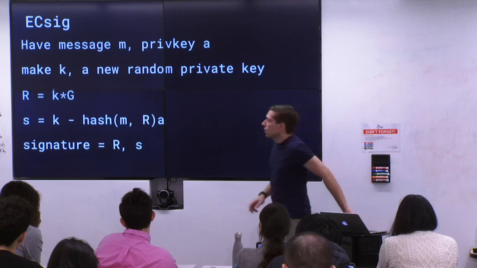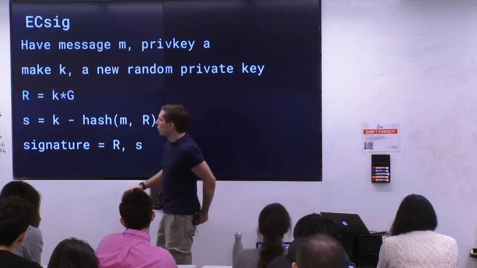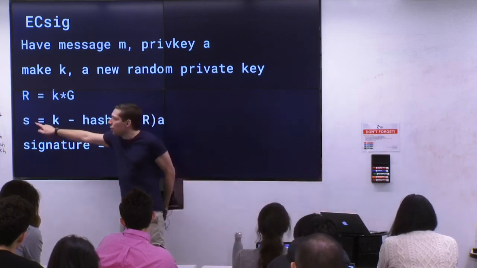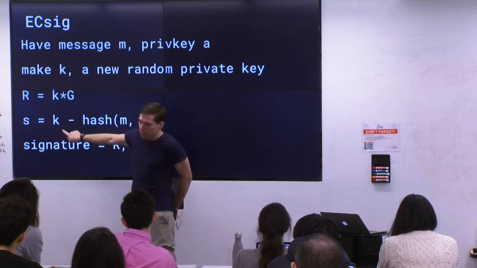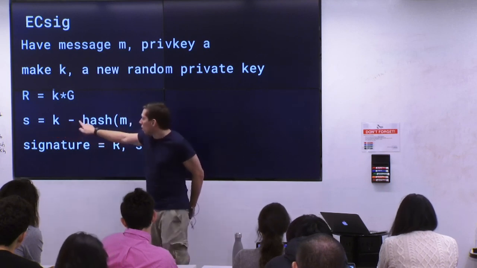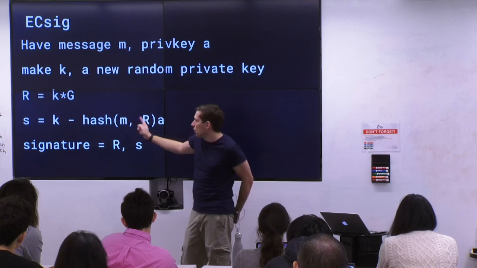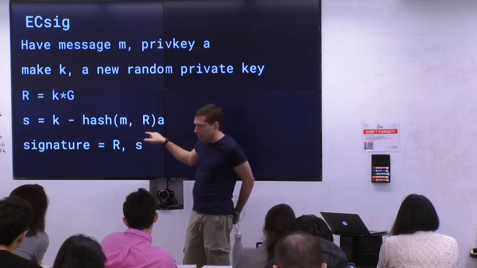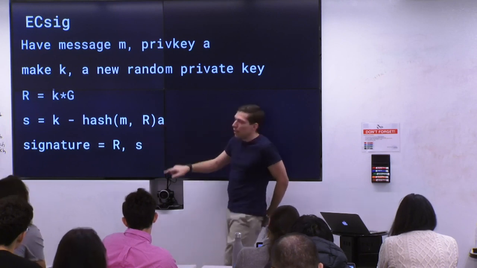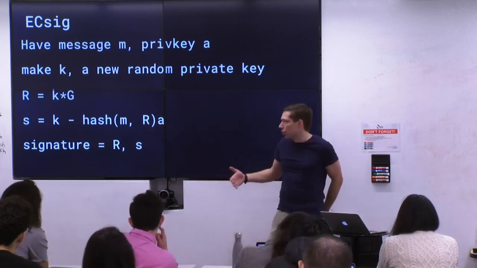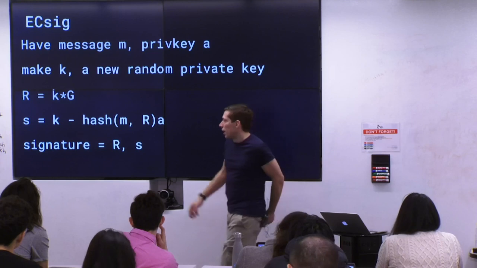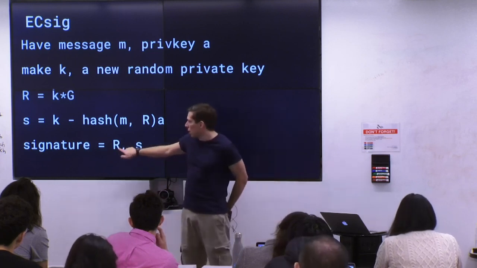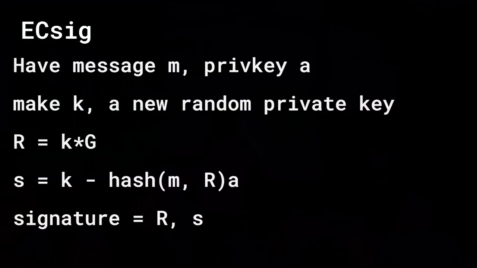Then the signature itself is quite straightforward. As the signer, you compute S, which is K, this new private key you just made up, minus the hash of your message concatenated with R, this public key, multiplied by your normal private key. You encode the public key in 33 bytes and stick it in there. Then your signature is the pair, the R point and the S scalar.